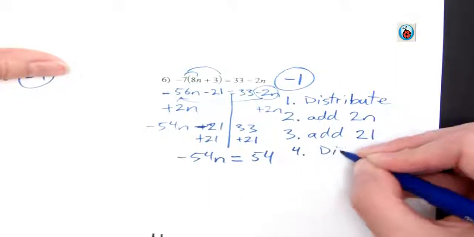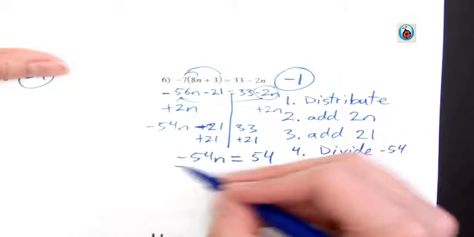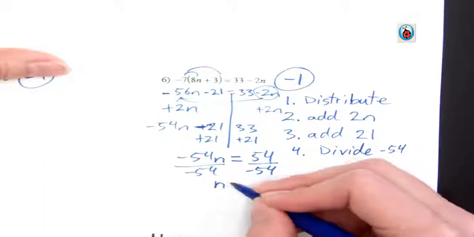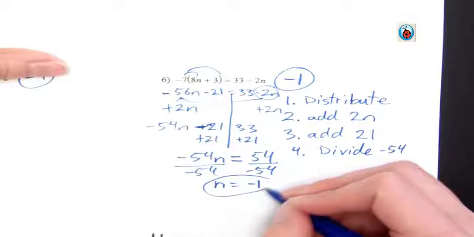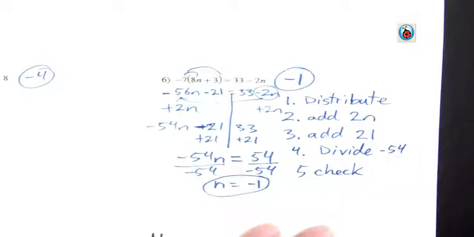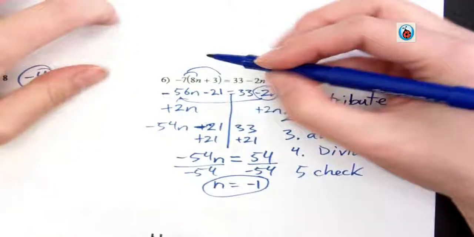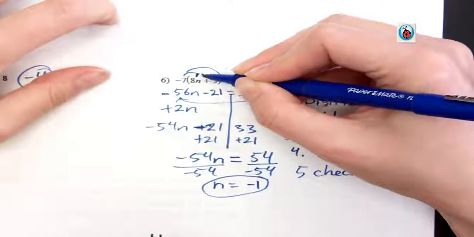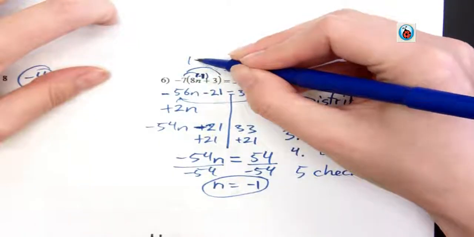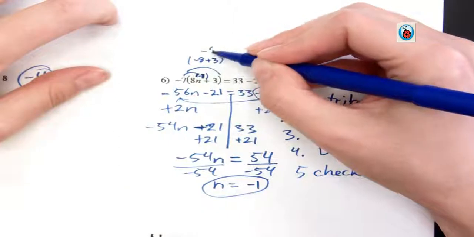My fourth step, I divide by negative 54 to get n equals negative 1. Now I need to check. So to check, I could write this all out again, or I could do my shorthand way of just squeezing it in right there. So if that's negative 1, this parentheses becomes negative 8 plus 3, which gives me negative 5.